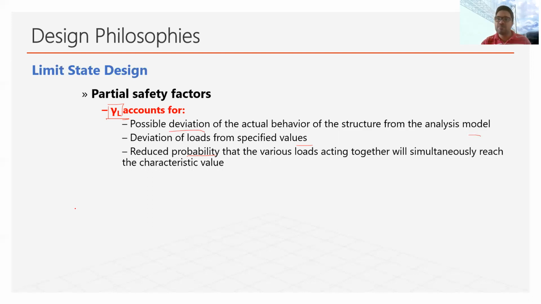Yes, there may be a possibility that all the loads on a building act simultaneously and reach the characteristic value. This probability can be reduced if we already take a higher load than the specified, so it can be reduced using this factor.